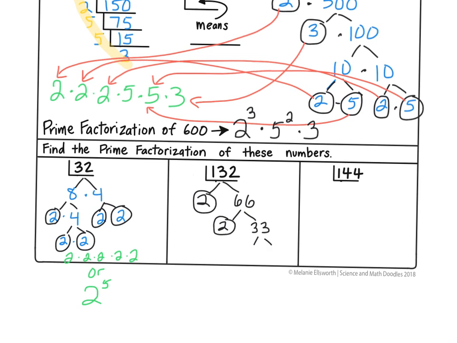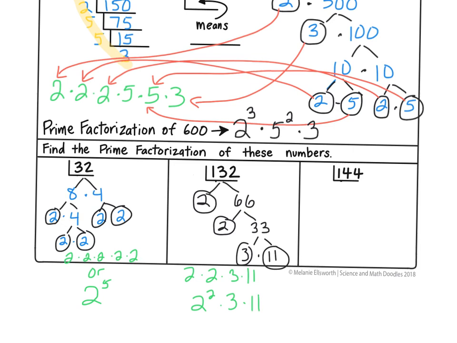And then 33 has a factor of 3 times 11. So my prime factorization is 2 times 2 times 3 times 11, or 2 to the 2nd power times 3 times 11.